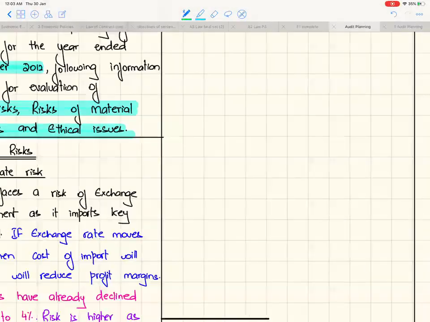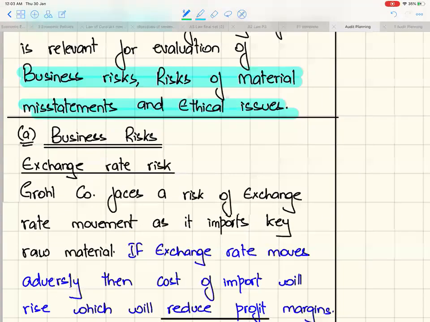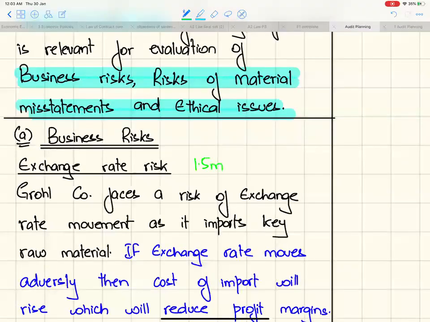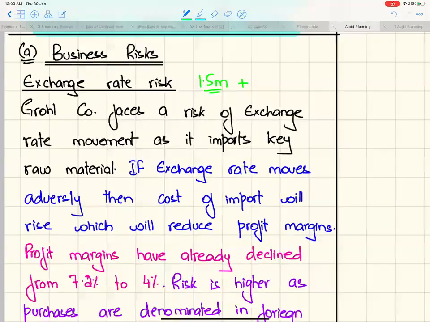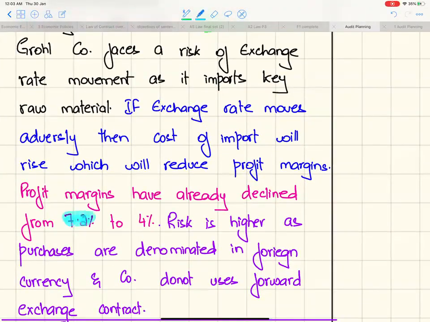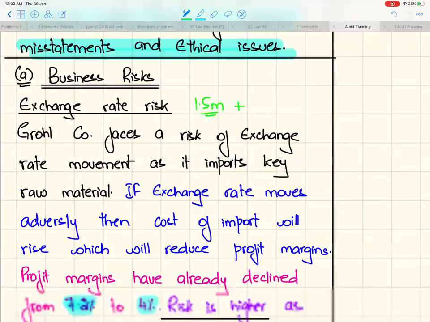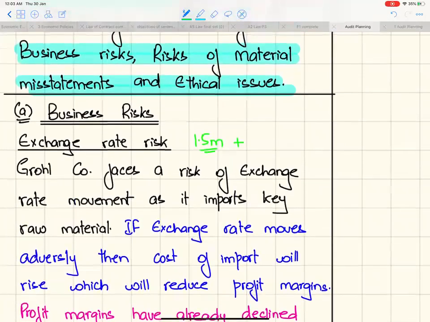Now see, how many marks? Now you don't need to write the marks in the exam, obviously. 1.5 marks for the risk, and you have calculated some profit margins, so you will get additional 0.5 marks. In total, you will get 2 marks for this risk.